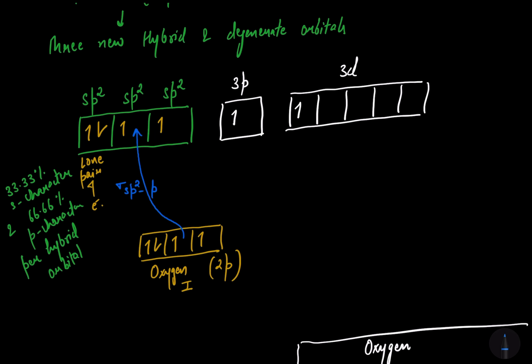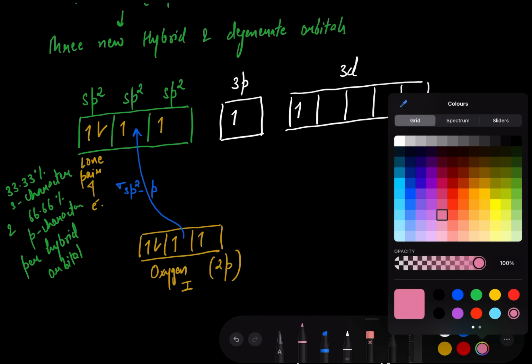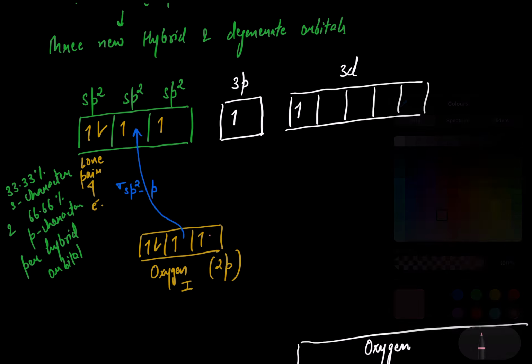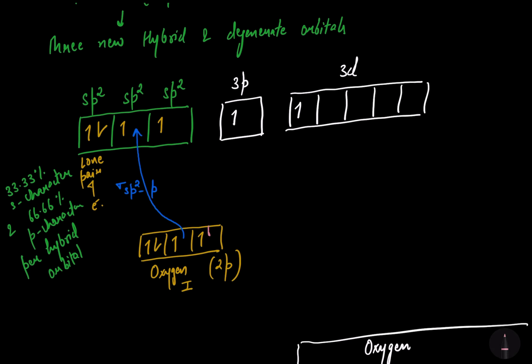Now, on the other hand, the other electron of the 2p orbital will have sidewise or lateral overlapping with the 3p orbital of the sulfur to form the pi bond, and that pi bond will be between the 2p of oxygen and 3p of sulfur.